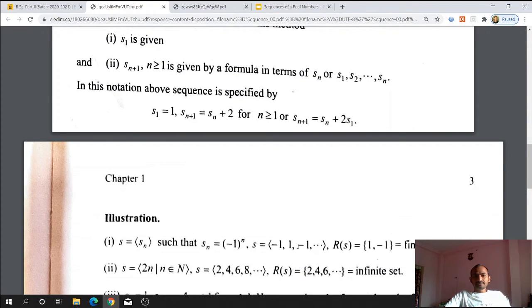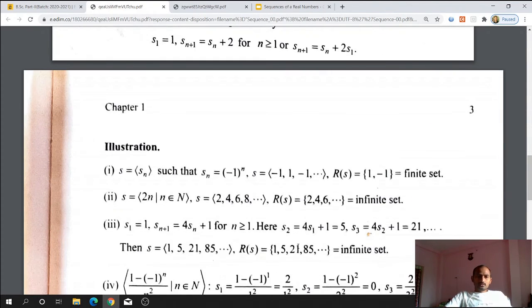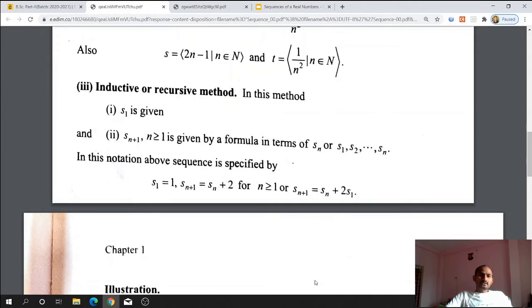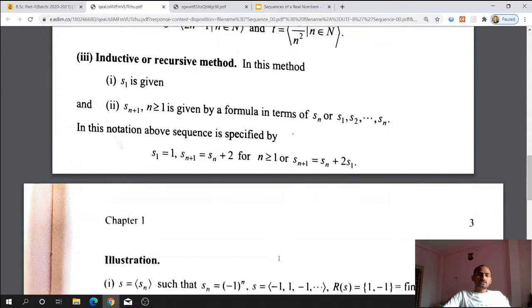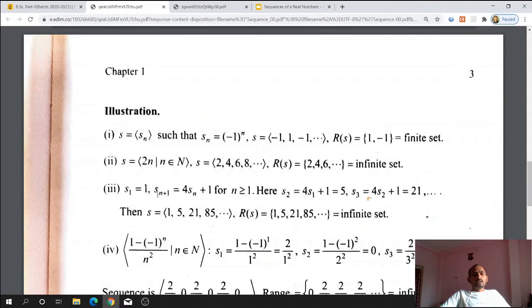So this is a third method, that is, the recursive method or inductive method. Okay, so let's take illustrations or some examples of these sequences. So S is equal to ⟨Sn⟩, that is, a sequence Sn, and Sn is given as minus 1 raised to n.